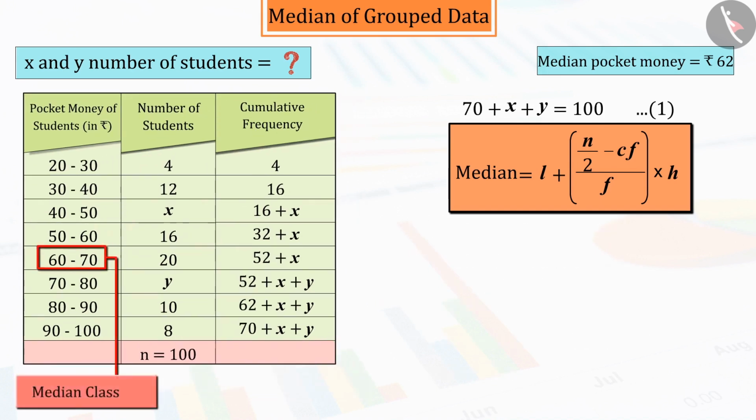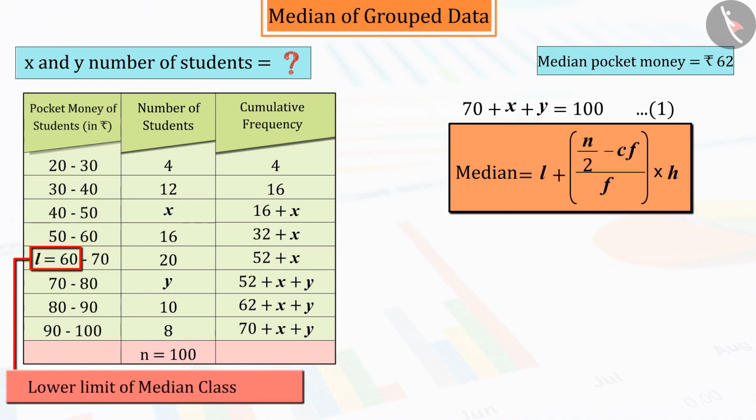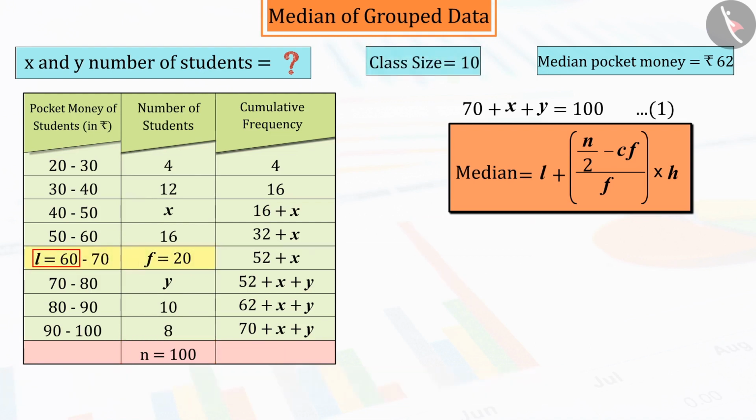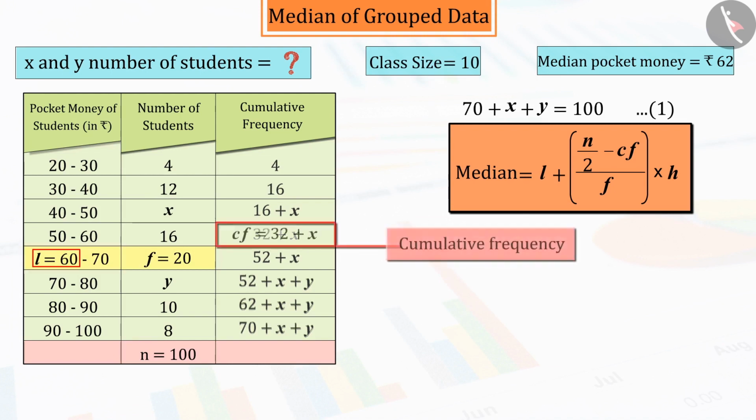Its median class is 60 to 70 because 62 belongs to this class, whose lower limit is 60, class size is 10, frequency is 20, and the total number of students is 100. And we also know that the cumulative frequency of the class just before the median class is CF, whose value is 32 plus x.